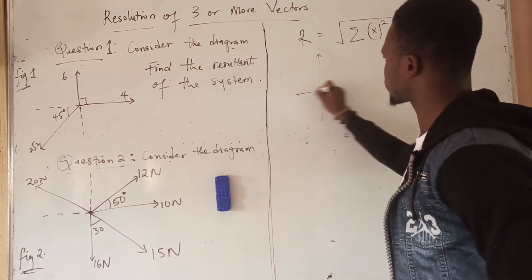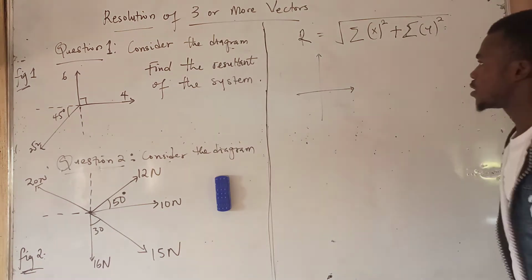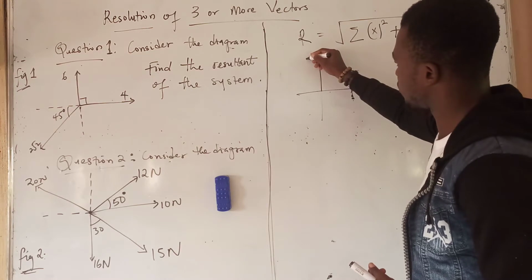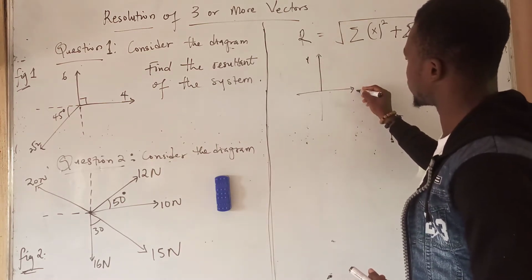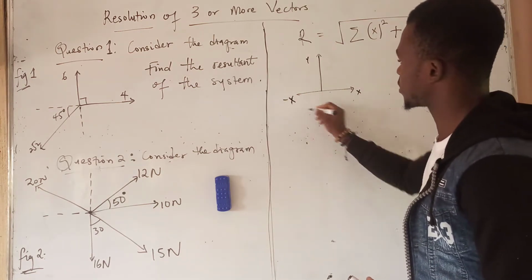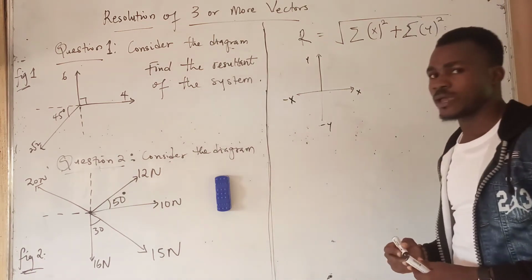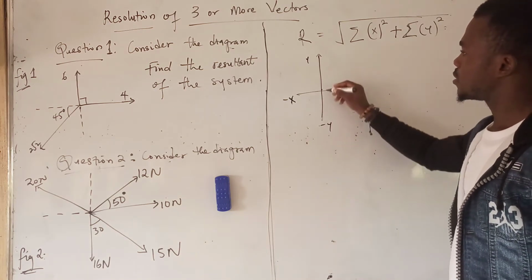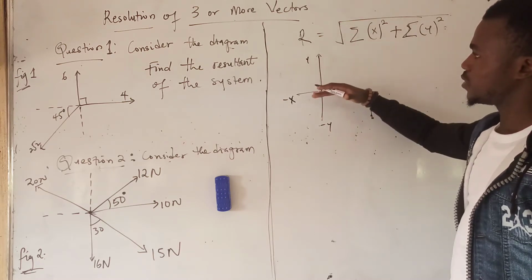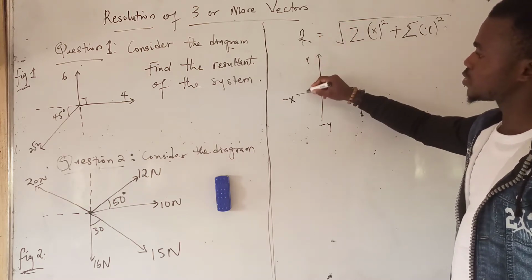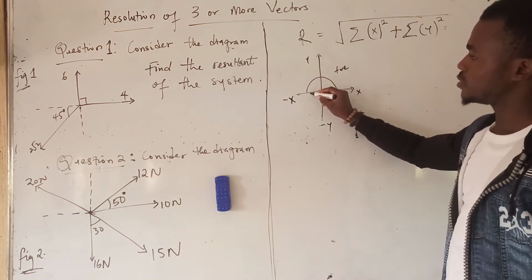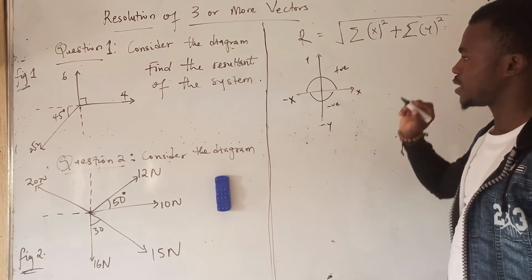Look at this diagram. Now we have the positive y-axis. This is the positive y, this is the positive x, this is negative y, and this is negative x. Now when we are resolving for the vertical component, this whole upper part here becomes positive, then this down part here becomes negative.